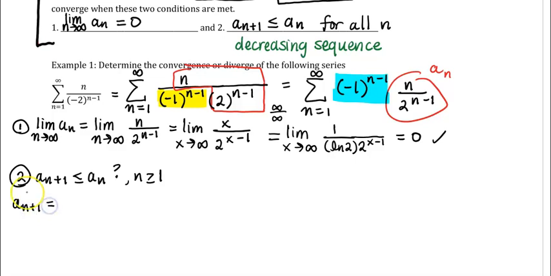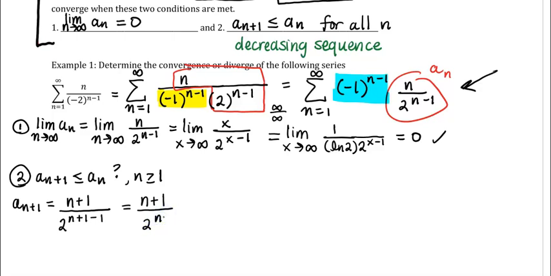A sub n plus 1 is the n plus 1 term of the sequence. So not this expression here circled in red, but that expression when you replace n with n plus 1. So I replace the n in the numerator with n plus 1. The n that's in the exponent in the denominator has been replaced with n plus 1. But there's still that minus 1 in there. So this is the expression that we get for a sub n plus 1.